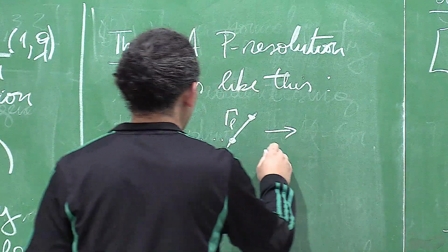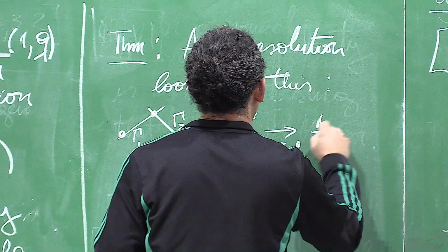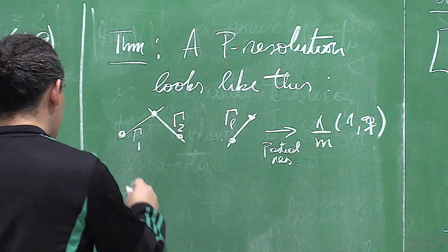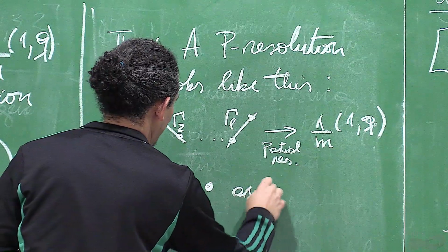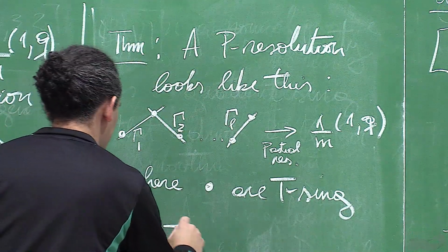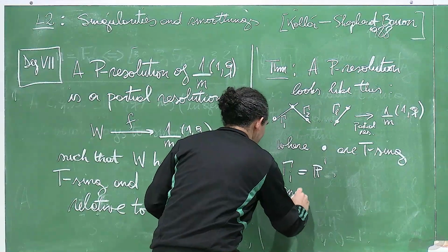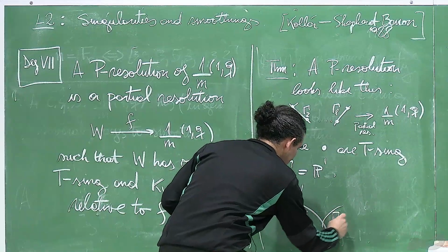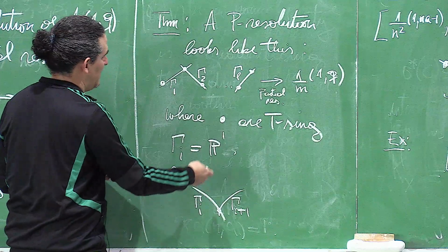And this is a partial resolution over my cyclic quotient singularity, where the singularities are T singularities, the gamma i's are P1s, and when you see something like this with a gamma i plus 1, this is a toric boundary for the T singularity.